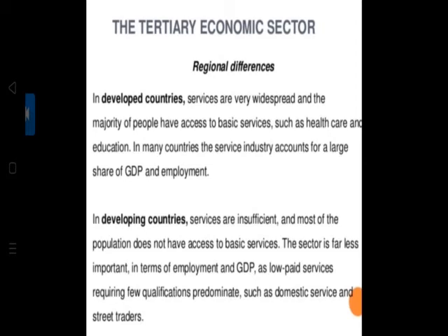We are developing. That's why we are saying we are one of those developing countries. We are not developed completely. The sector is far less important in terms of employment and GDP, as low paid services requiring few qualifications predominate, such as domestic service and street traders.